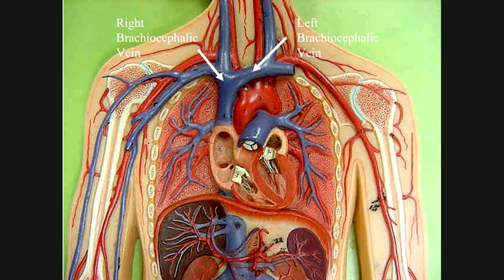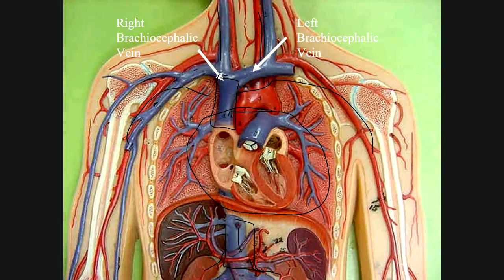So let's look here at the heart again. So there's going to be veins that empty into the heart. So there's one vein that's emptying into the heart, bringing blood back from the arms and the head. And there's another vein that empties into the heart that's bringing blood back from the abdomen and the legs.